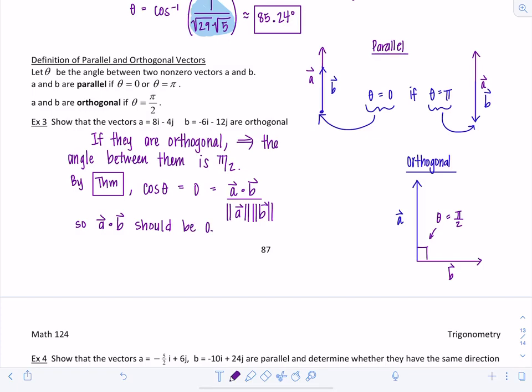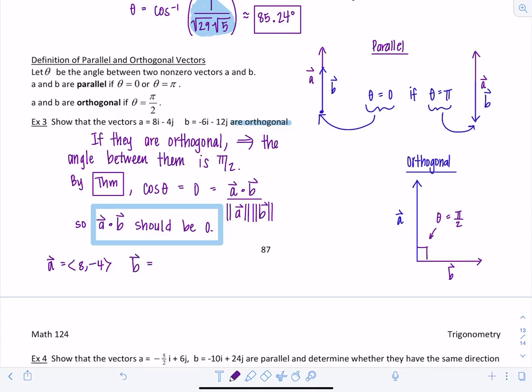So anytime you're asked to check if 2 vectors are orthogonal, really what you're being asked to do is to find that their dot product comes out to be 0. It means the same thing. All right, so we're just going to take the dot product and check. So vector A has components 8, -4.